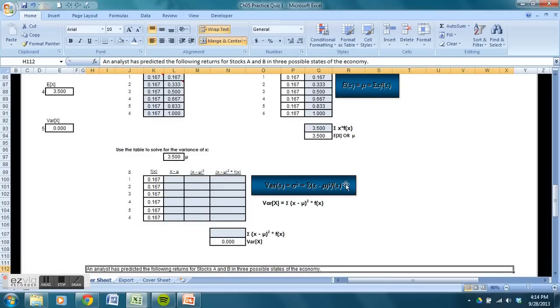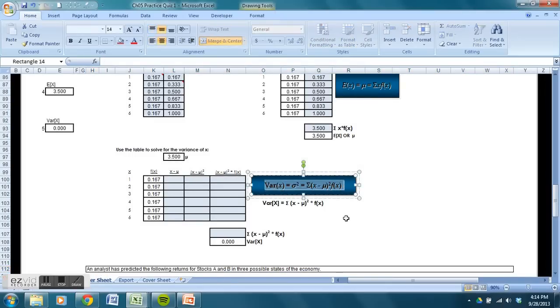Here's the equation that we're given, the summation of every instance of x minus mu, or the x minus the sample mean, squared, multiplied by the probability of that happening. So the first step is to solve for whatever's after the summation for each case. And then the summation sums them all together. So just follow the equation, put in some parentheses.